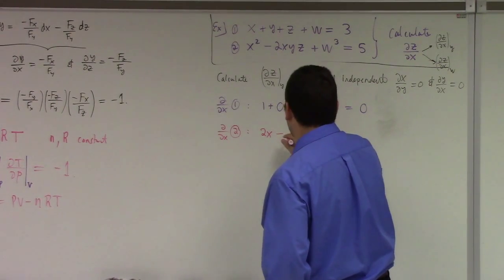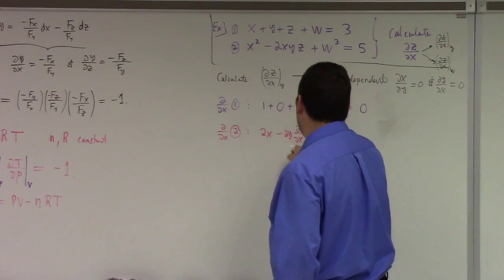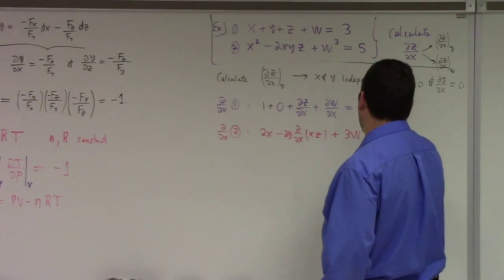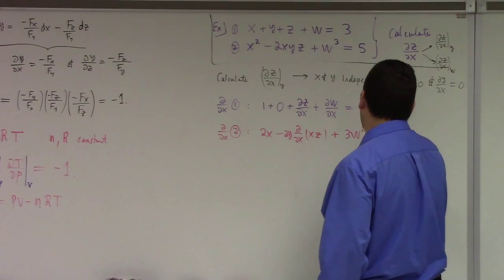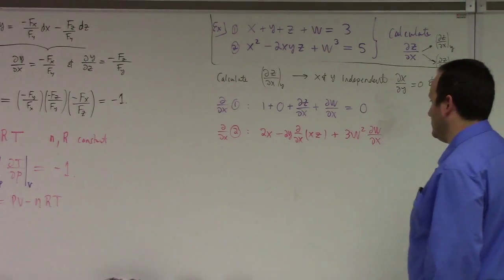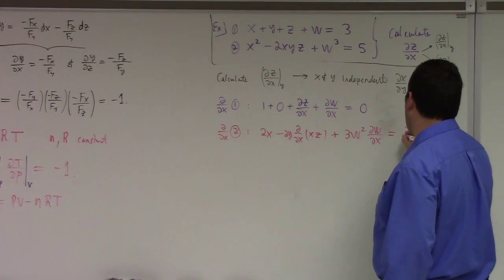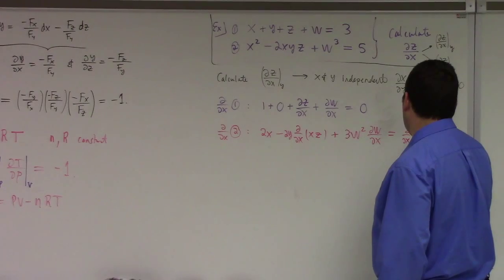So minus 2y times partial x of xz plus 3w squared partial w partial x is equal to the partial derivative of 5, which is easy. That's 0.